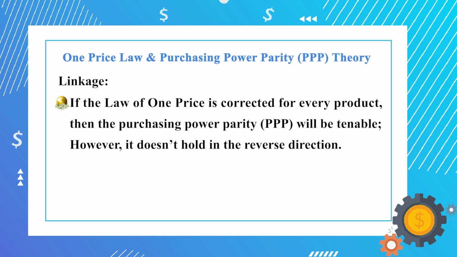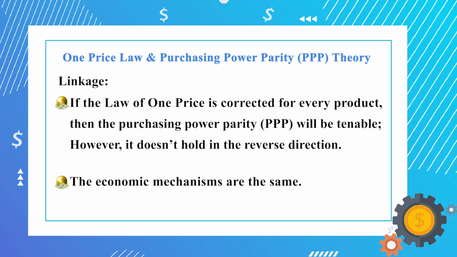However, it doesn't hold in the reverse direction. That's to say, if the PPP theory holds, it doesn't mean that for a specific product, the law of one price will hold. In addition, the economic mechanisms of the two theories are the same, which is the market mechanism.